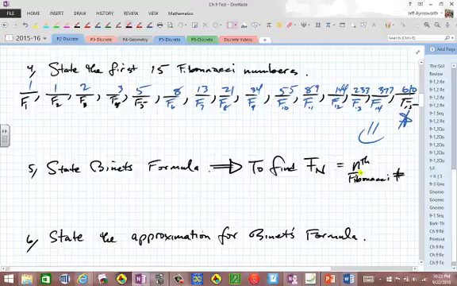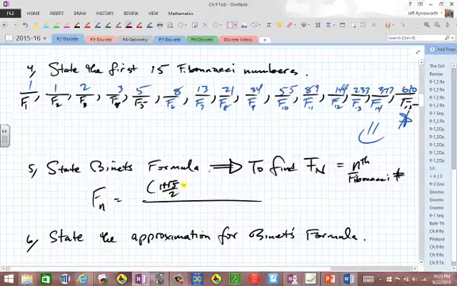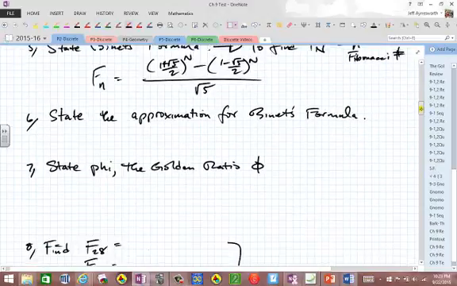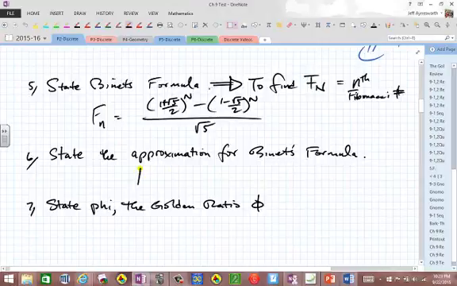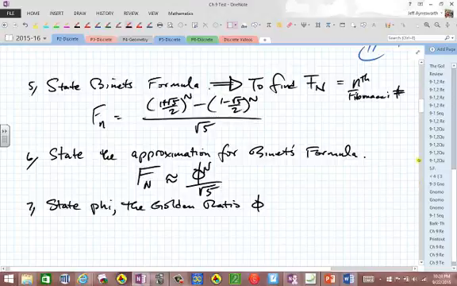F sub n is equal to ((1 plus root 5)/2)^n minus ((1 minus root 5)/2)^n, all divided by root 5. That's all there is to it. Now the best approximation for this: F sub n is approximately equal to phi to the nth divided by root 5.